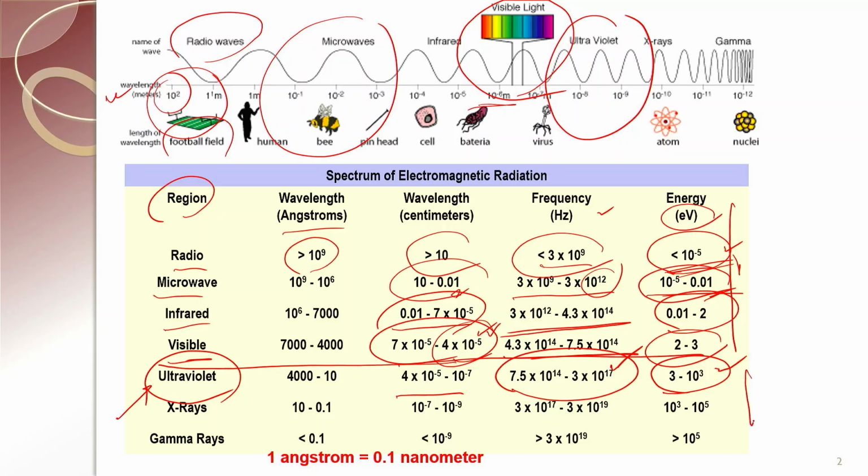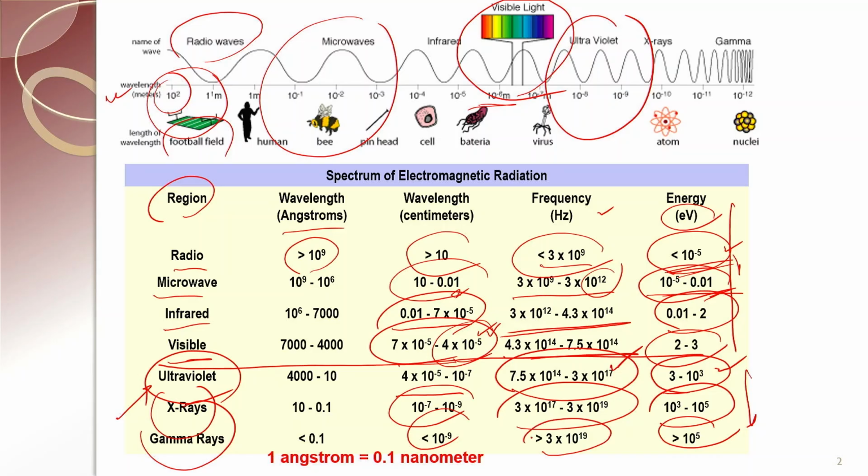And above that are the X-ray and gamma ray. You will see that here their wavelengths are much lower. As the wavelengths are lower, the energy produced by X-ray and gamma ray is very high, and they have very high frequency.